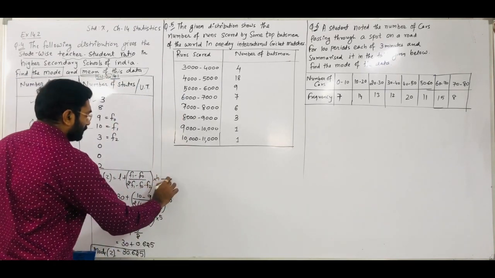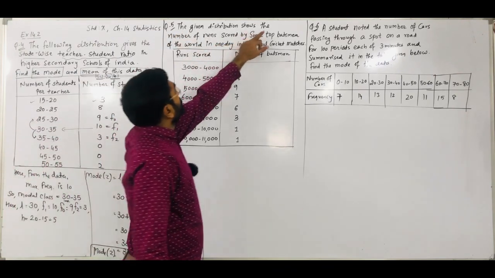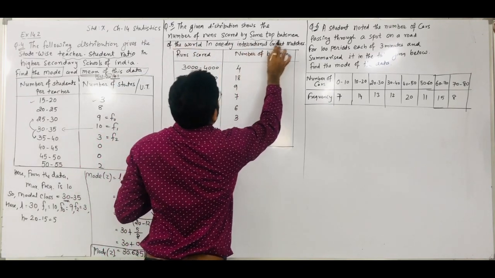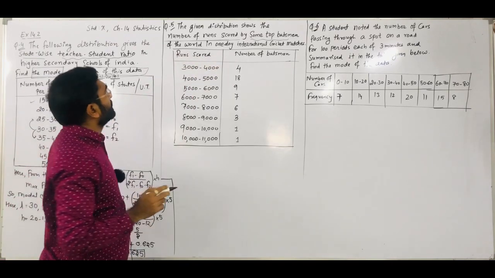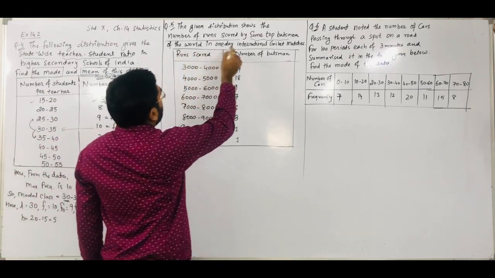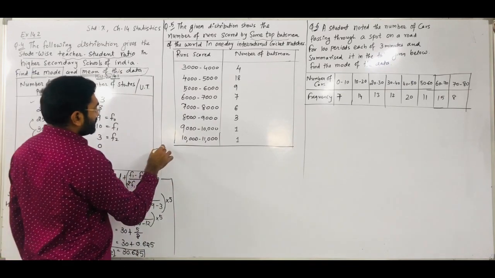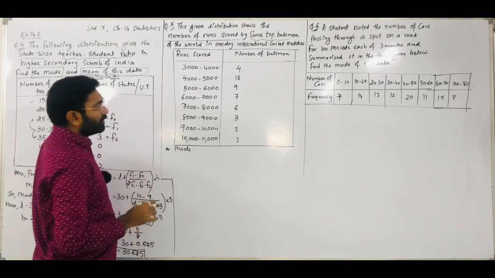See question number 5. The given distribution shows the number of runs scored by some top batsmen. Runs scored is given and number of batsmen is given, in one-day international cricket matches. The question is to find the mode of the given observation.